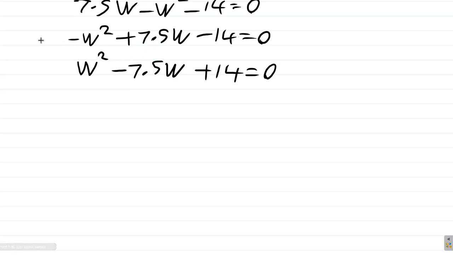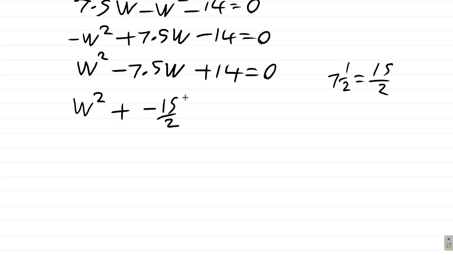Well, of course, you can use completing the square to do any quadratic. 7.5, let's write it as a fraction. 7.5 as an improper fraction would be 7 twos are 14 and 1, so 15 over 2. So we have W squared minus, well, plus negative 15 over 2 W, right? Let me put some space there, plus 14 equals 0.